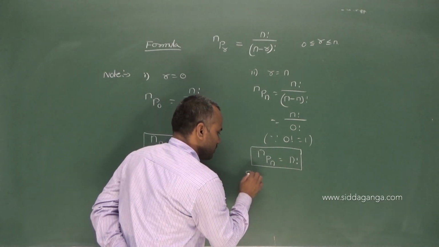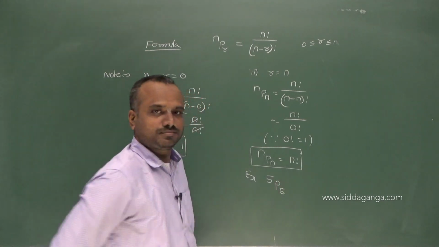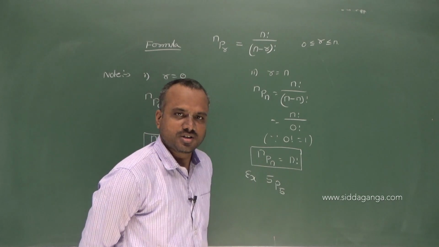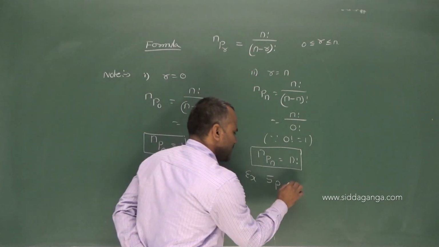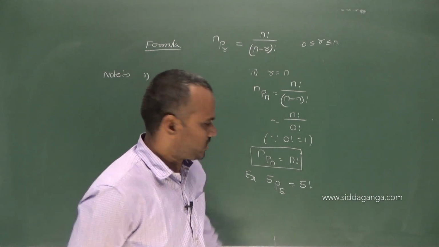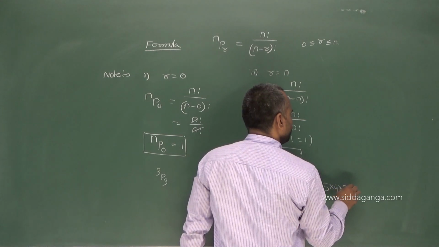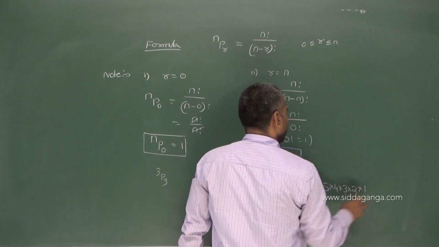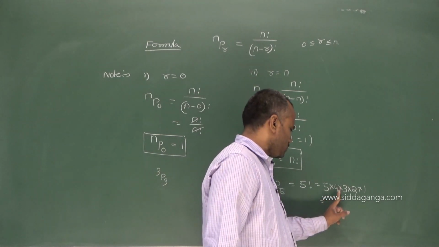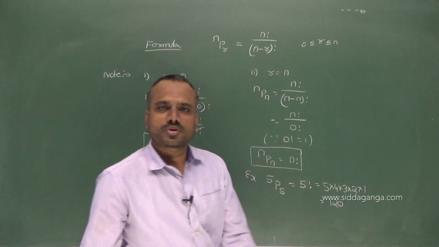For example, if I want 5P5, no need to substitute here. If you know this result, directly we write it is nothing but 5 factorial. What is the value of 5 factorial? 5 into 4 into 3 into 2 into 1: 5 times 4 is 20, 20 times 3 is 60, 60 times 2 is 120.